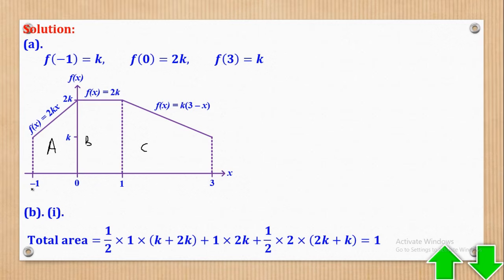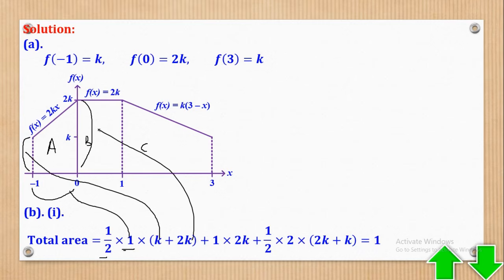For this first trapezium, the height is 1, which is h, then small a is k, and small b is 2k. So we say a half h times (a plus b), so it will be a half times 1, which is h, times in brackets a plus b.